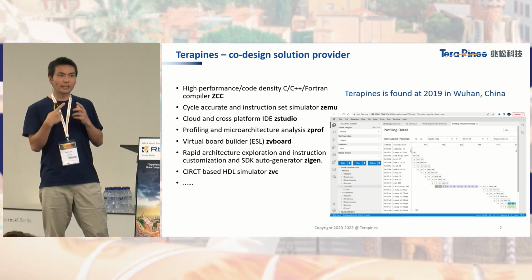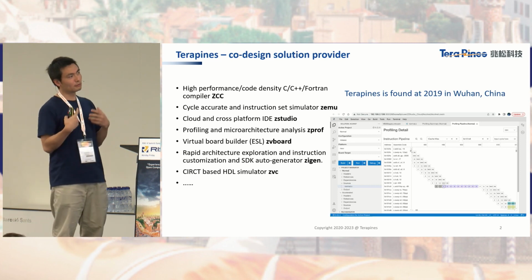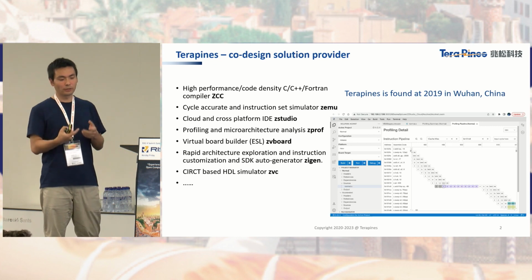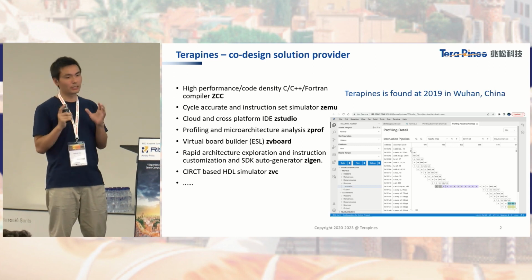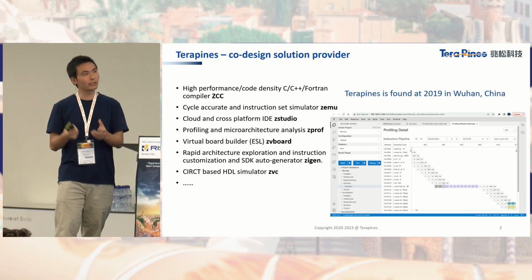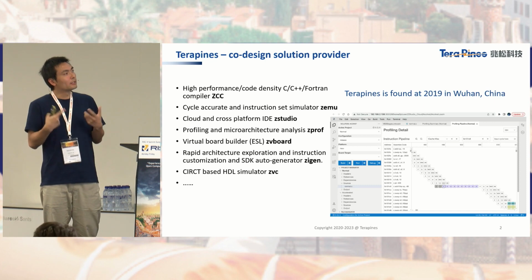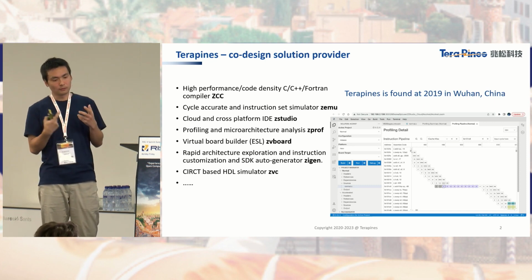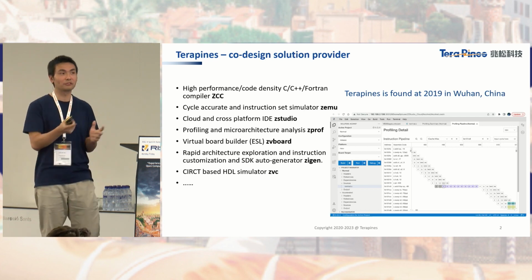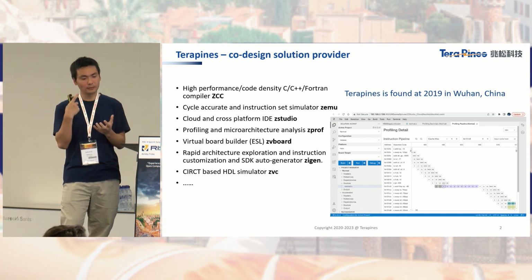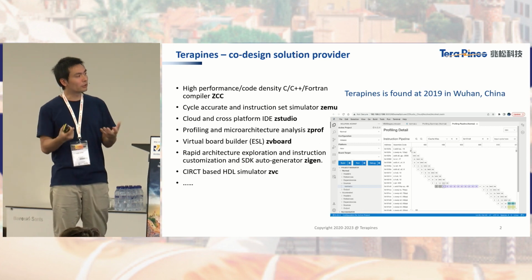For architects, you don't need to hire an employee to maintain a compiler or simulator yourself. ZIGen has a UI that lets you customize the instructions, and ZIGen will automatically generate a dynamic library for our compiler and our simulator. The whole process takes only a few minutes. So you can do rapid architecture exploration or instruction customization with our GUI tool.